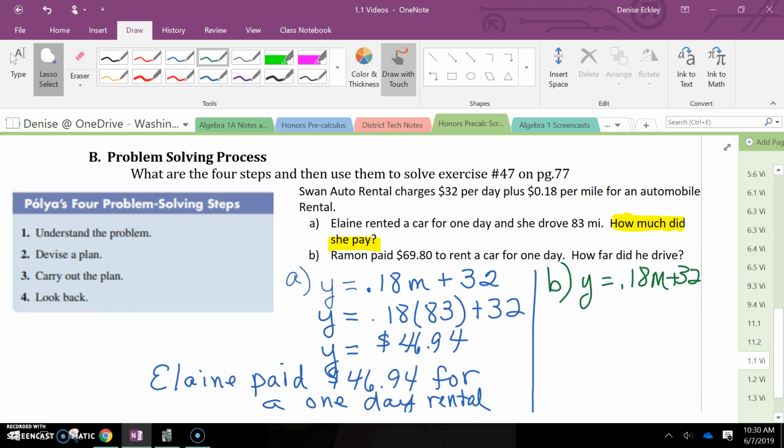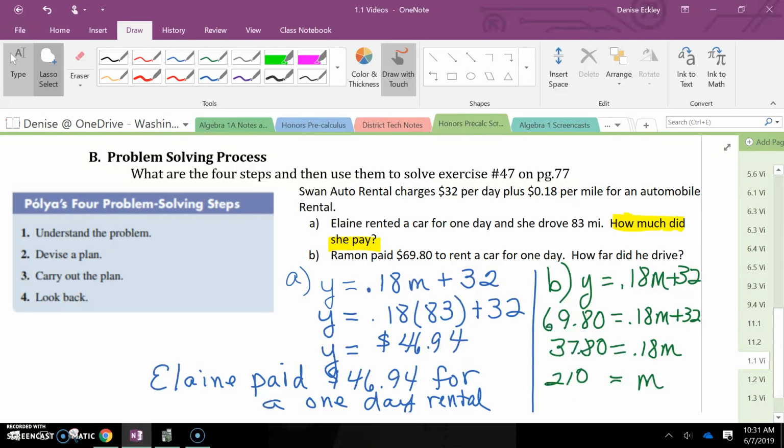Only this time we know that our charge is $69.80, and we have 0.18 M plus 32. Now solving this for M, subtracting the 32, we get 37.80 equals 0.18 M. Dividing by 0.18, we get 210 miles.